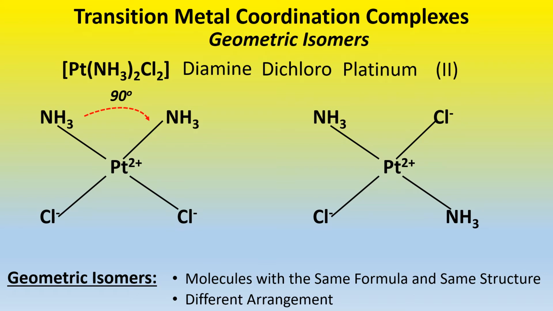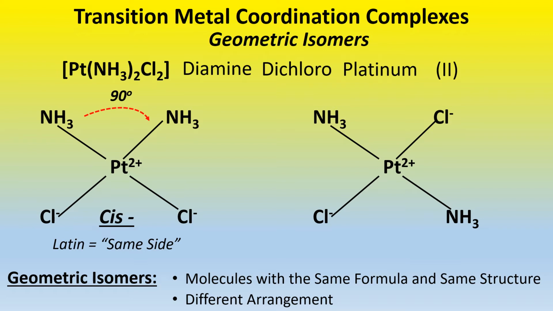In the case of geometric isomers, these are differentiated by a prefix. The first isomer is called the cis isomer. So it would be cis diamine dichloroplatinum 2, where cis is literally the Latin word for same side, as the ammonias are on the same side as each other and the chlorines are on the same side.